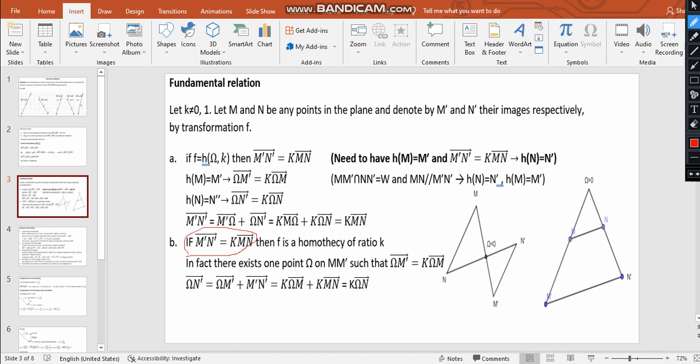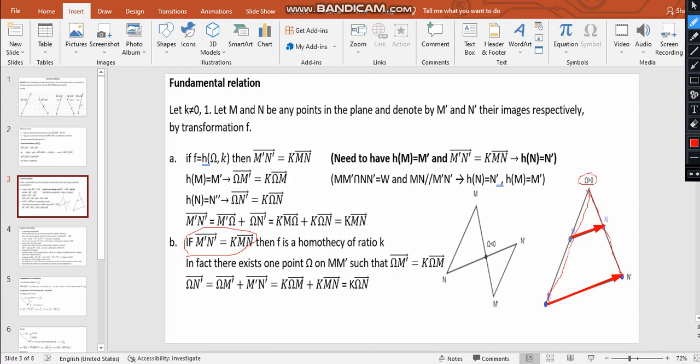If M prime N prime equals K MN, then 100% we have a homothety of ratio K. Why? Because if vector M prime N prime is equal to K vector MN, there exists a homothety, because if you join these two, we have similar triangles where the center is omega.